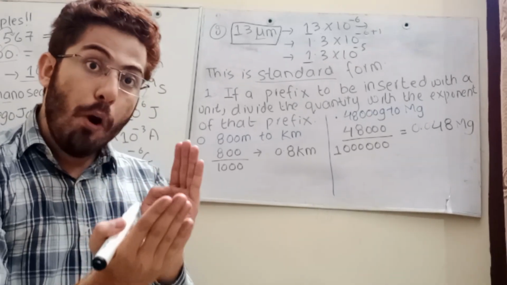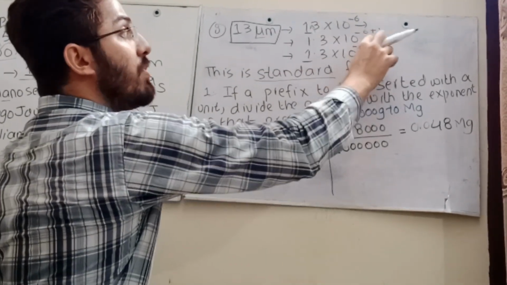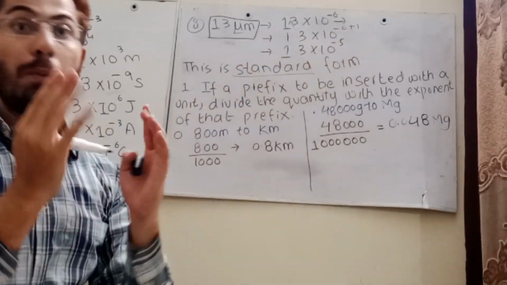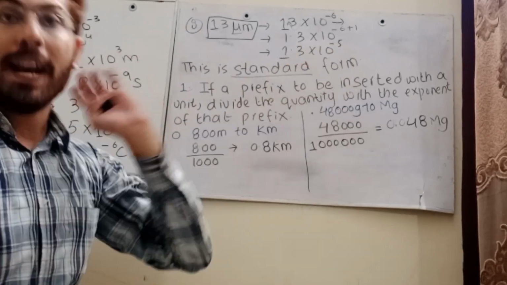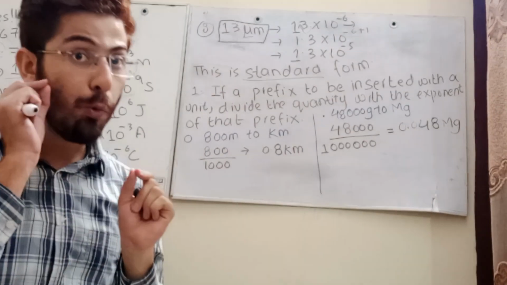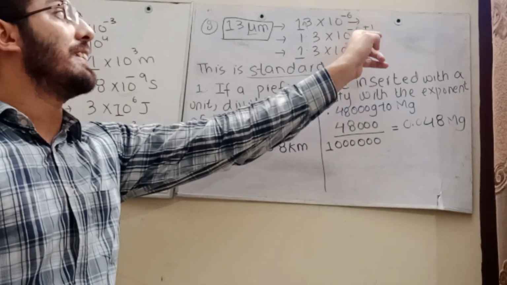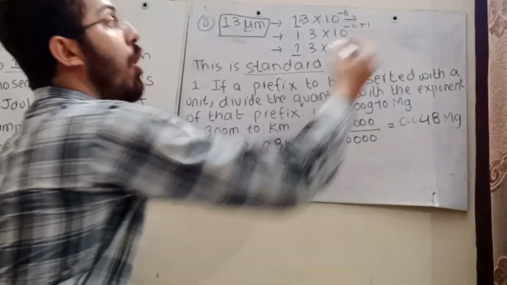Now the decimal point moves backward one time, which means you add plus 1: minus 6 plus 1, because you are moving one time backward. So you get the answer minus 5, because you look at the digit that is greater. This is the standard form, students.